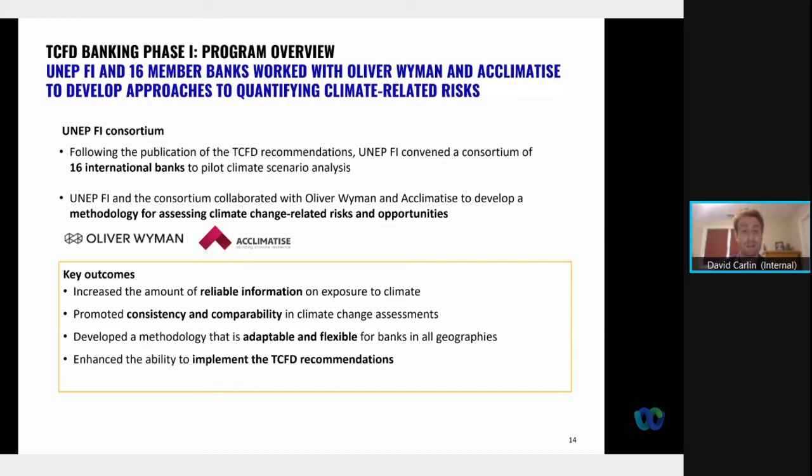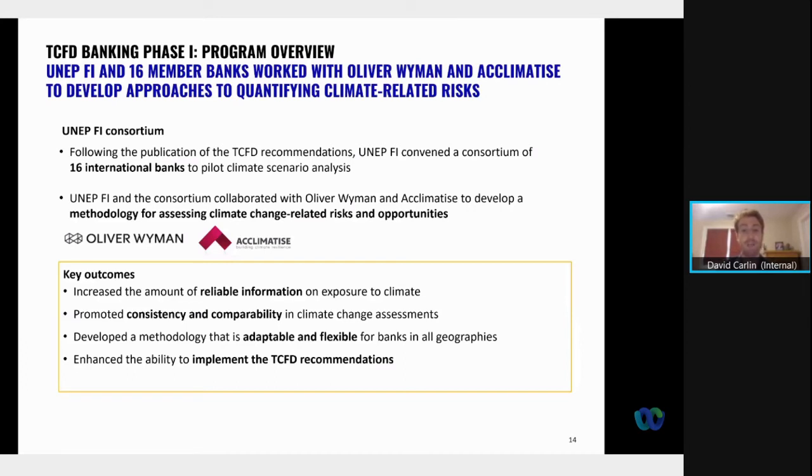We worked with a couple of consultancies, Oliver Wyman and Acclimatize, to develop a reliable approach for measuring both the physical and transition risks of a given portfolio. The goal was to allow comparability across a number of institutions and adaptability to different sectors as well as regions. The hope was to implement this information into the recommendations of the TCFD, so that when institutions made their disclosures, they could use this as a form to do that.